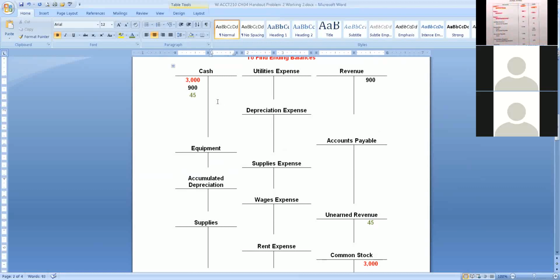So you kind of get the idea. All we're doing is kind of walking it down here and doing each one. So utilities expense.